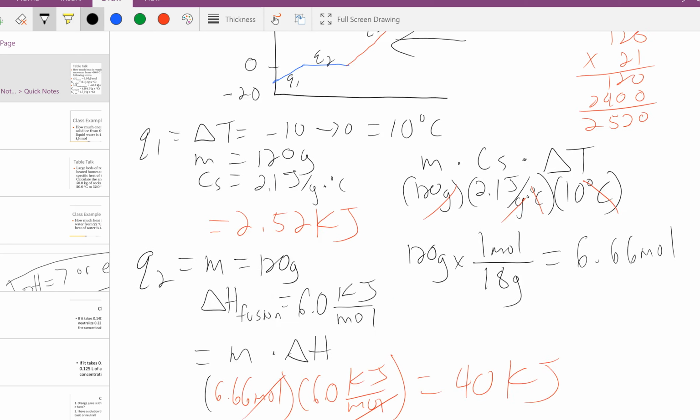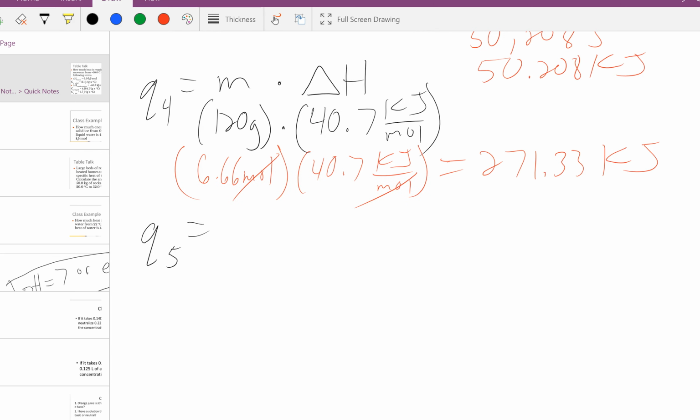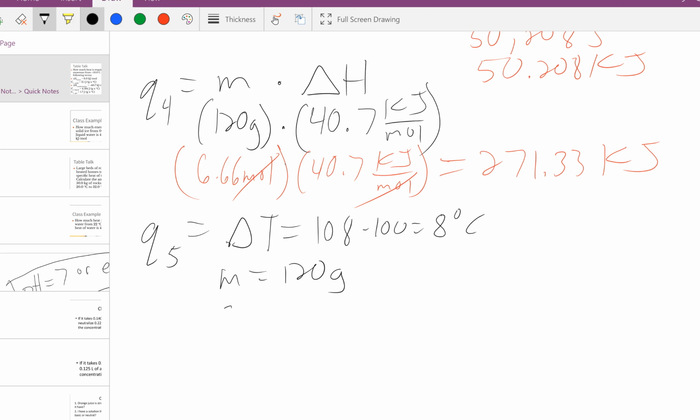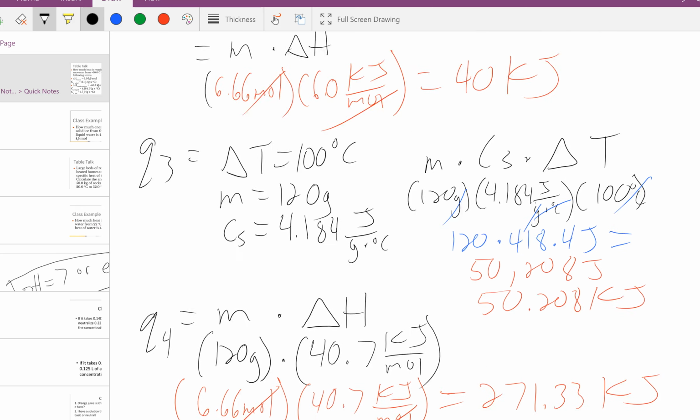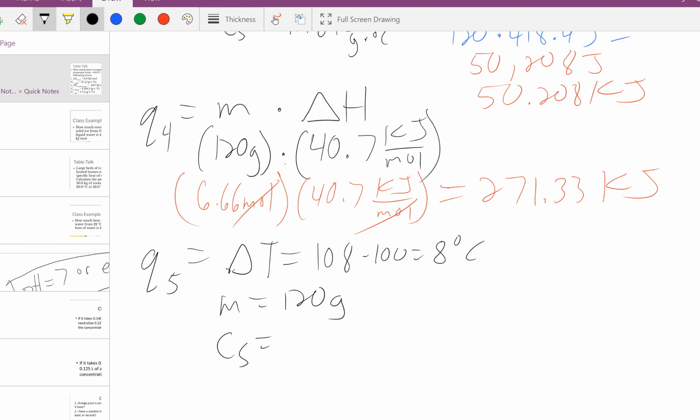All right. Now, last but not least, we have Q5. Q5 is the last change in temperature, which is from 100 to 108 degrees, which means that delta T is equal to 108 minus 100, or 8 degrees Celsius. We know that the mass is the same, 120 grams, and the Cs in this case is the amount of energy required to raise water vapor 1 degree Celsius, which is 1.7 joules per gram degree Celsius.